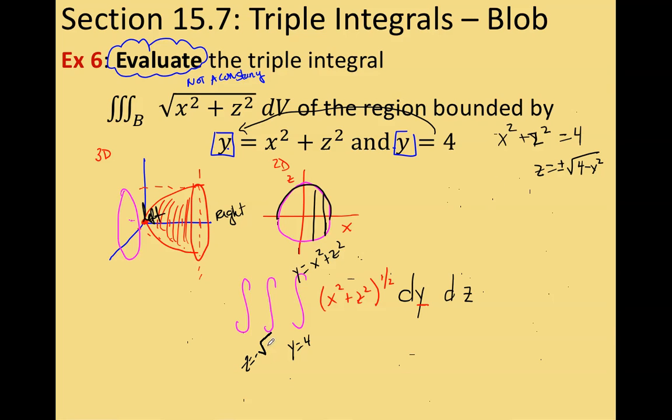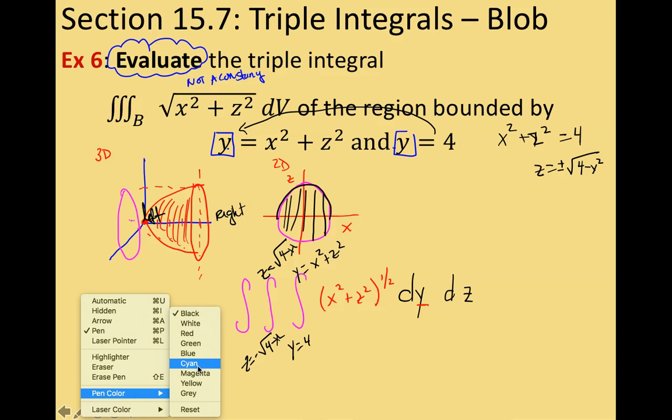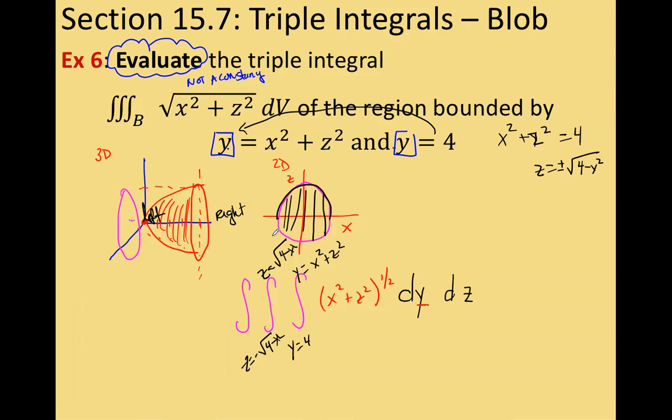Bottom of the semicircle, top of the semicircle. And then what do you have left? These strips vary between what? -2 and 2.